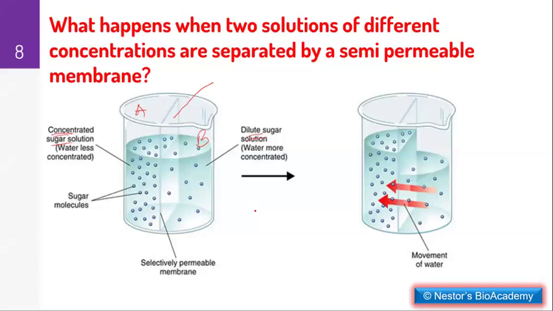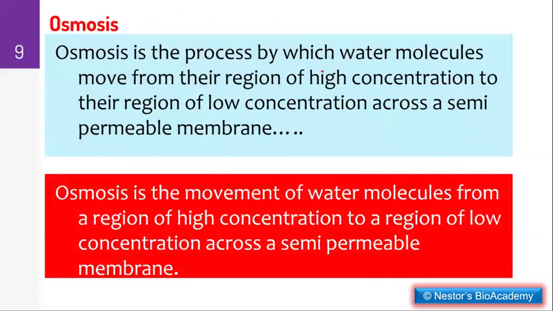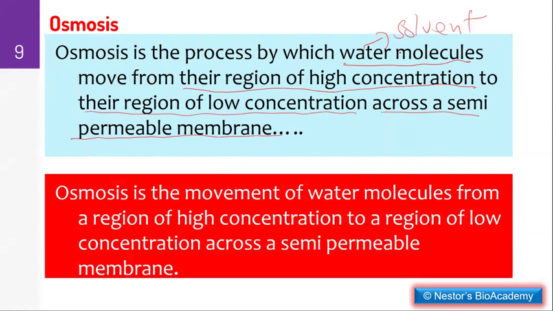So osmosis is simply the process by which water molecules move from their region of high concentration to their region of low concentration across a semi-permeable membrane. I repeat, the process by which water molecules, which are the solvent molecules, so you can talk of solvent instead of water, move from their region of high concentration to the region of low concentration across a semi-permeable membrane.